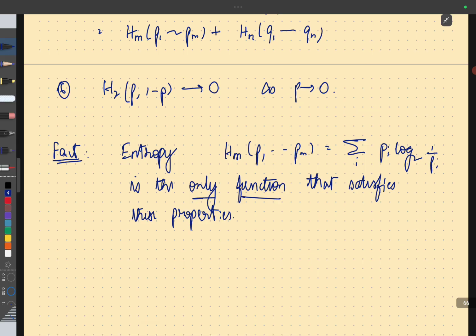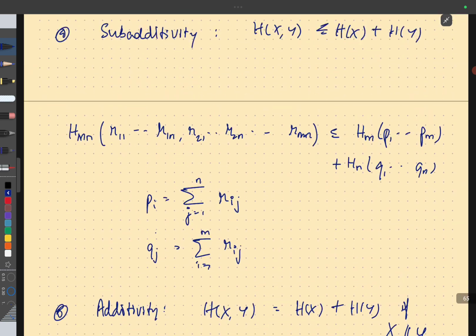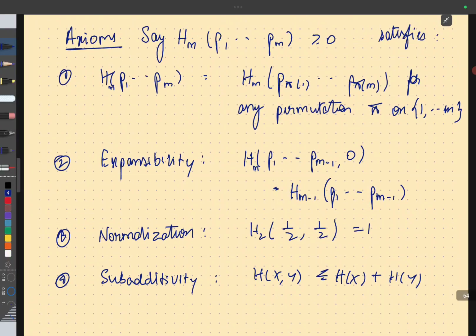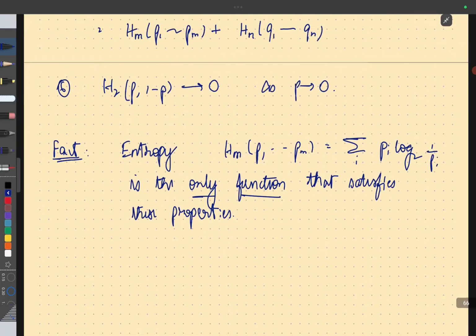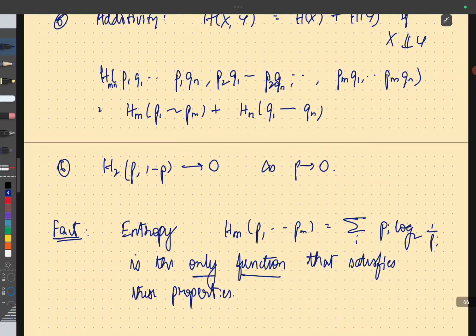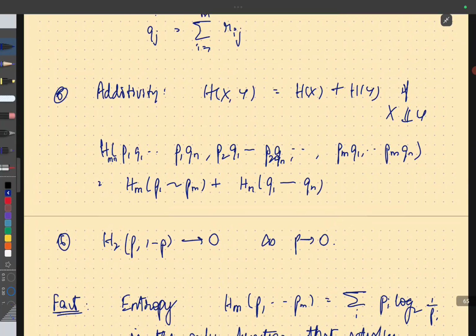We won't prove this particular statement, but this axiomatic approach is one reason why we can interpret the entropy as a measure of randomness, because it is the only function that satisfies these properties. Again, I don't want to get into it, but basically you start with some of these properties.